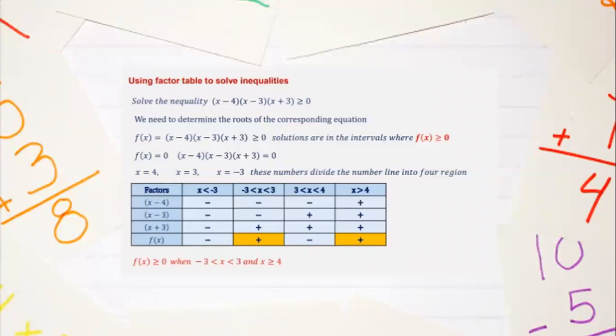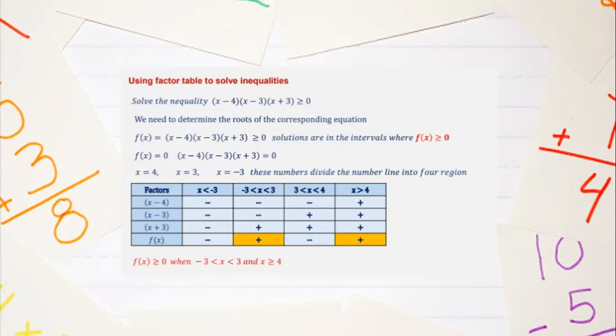So we can factor it like this: x minus 4. We put x smaller than minus 3 in the equation and we get a negative sign. We put x minus 3 in the equation for x smaller than minus 3, we get a negative sign. We put x plus 3 for x smaller than minus 3, we get a negative sign.